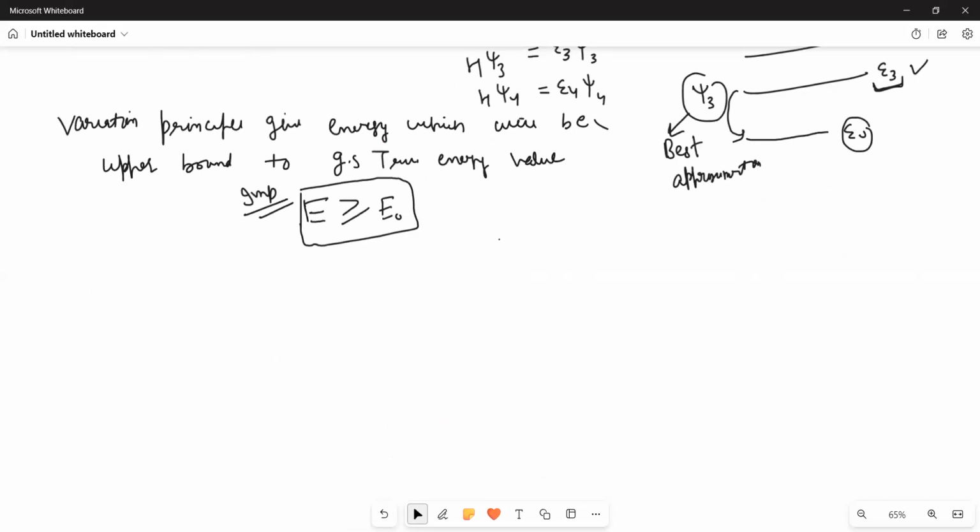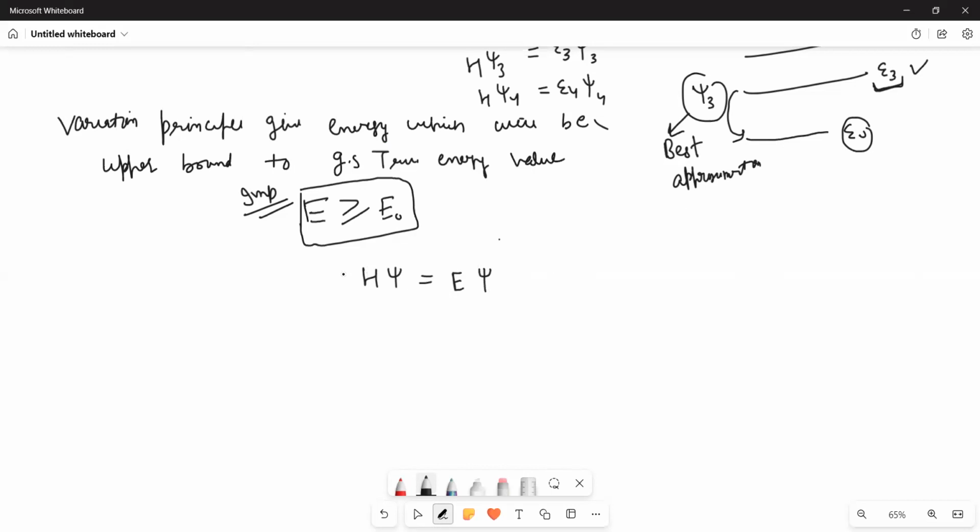You know, if we know Hamiltonian and we choose some trial wave function psi, and the Hamiltonian applies on the wave function, we get some eigenvalue E multiplied with the same wave function. So this is the Schrodinger wave equation.